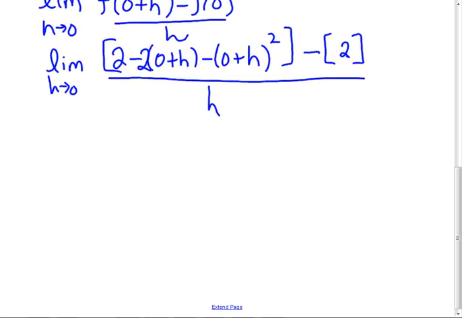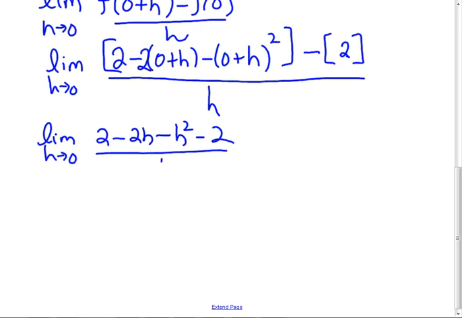And then I would have said, okay, what did I do wrong? Okay, let's simplify that. It's not as bad as it looks. It looks like it's going to be horrible, but it's not. It's 2 minus, what's that going to give you? 2h minus h squared minus 2. Oh, that's not so bad, is it? You don't like algebra? I love algebra.